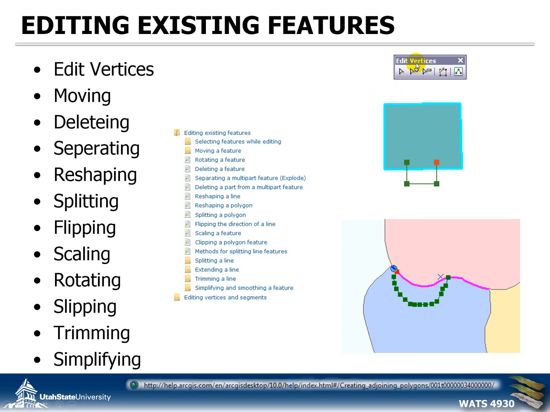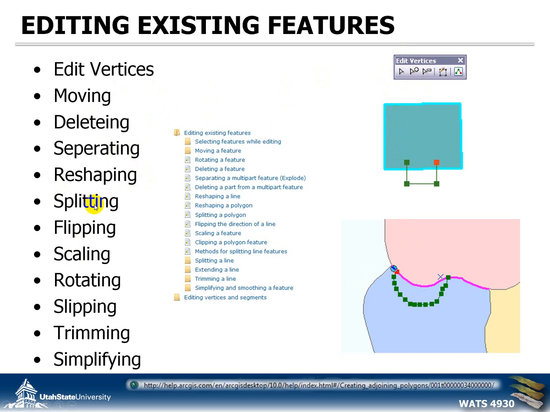There are a variety of commands for editing existing features, whether it's something you imported and got from somewhere else or something you've drawn. You can edit individual vertices, like we showed in the previous slide. You can manually move them with this command, delete them with that command, and add new vertices to create more lines in between.